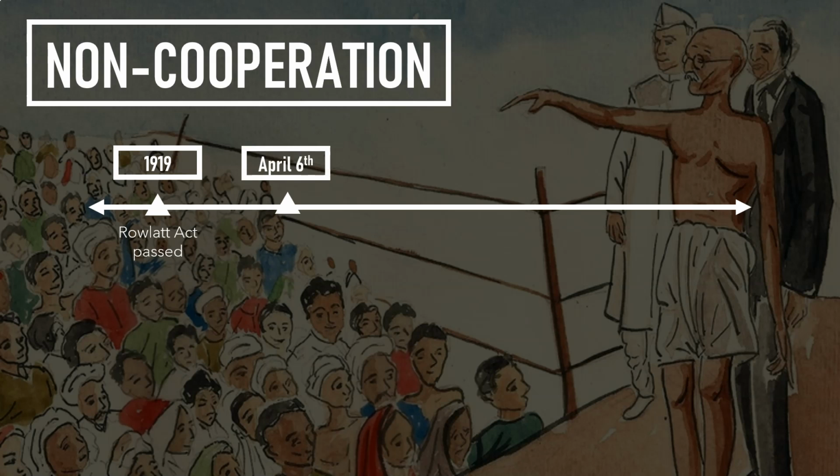Gandhi proposed a nationwide hartal, or a strike, against this act on April 6th of 1919. And it started as peaceful protests, but in due time, the British government began to respond with force by firing at peaceful protesting crowds.